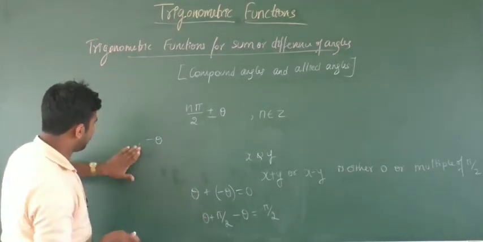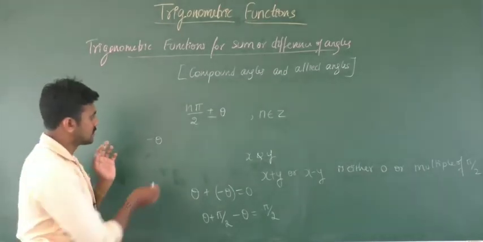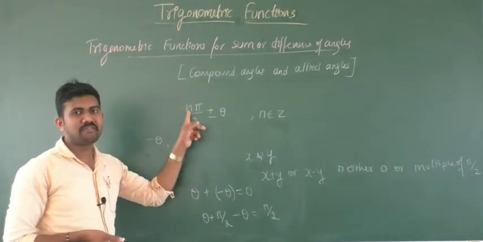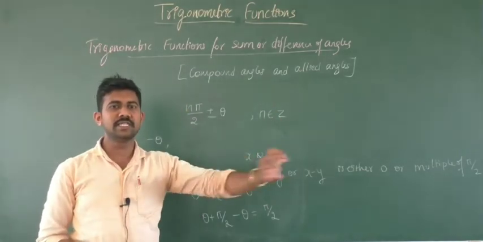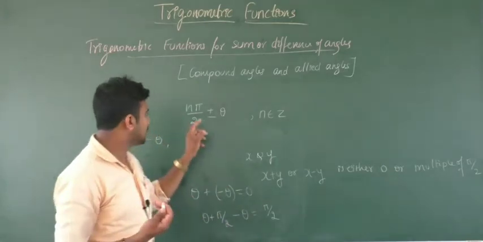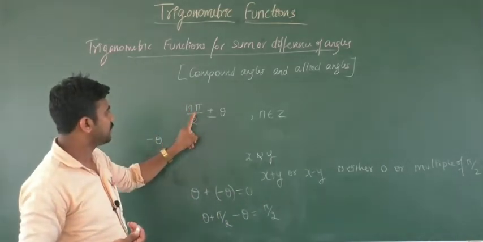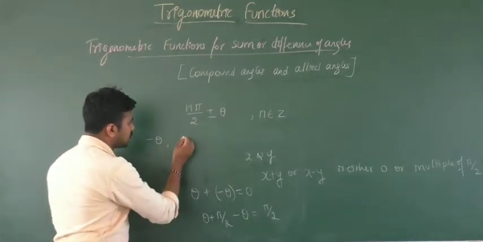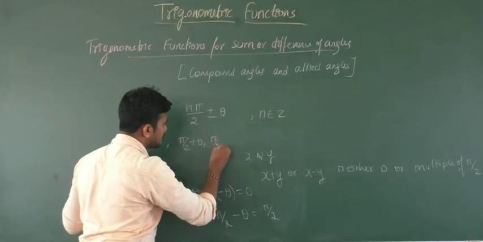So here if you consider minus theta, clearly it is allied with theta. Similarly, if you consider the value for n which is greater than 0 or less than 0, means positive integer or negative integer, then if you consider n as 1, that is pi by 2 plus theta, and another one we will get pi by 2 minus theta.